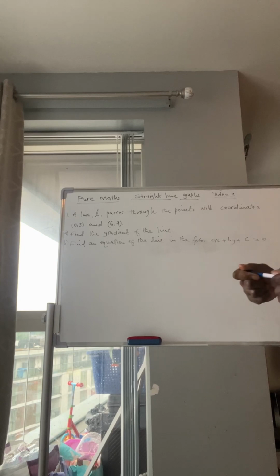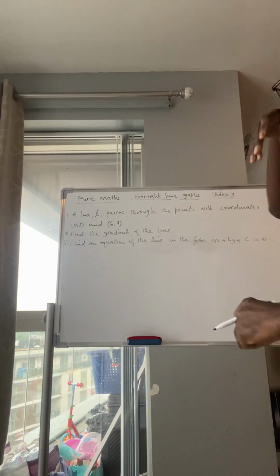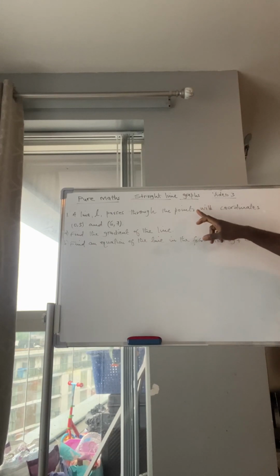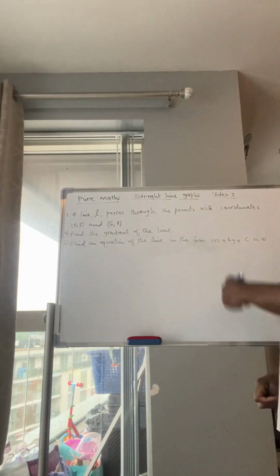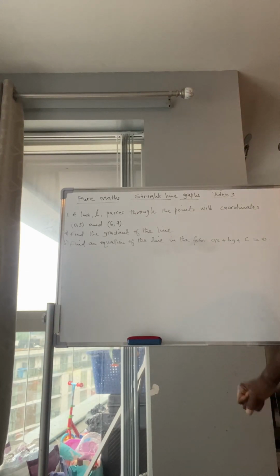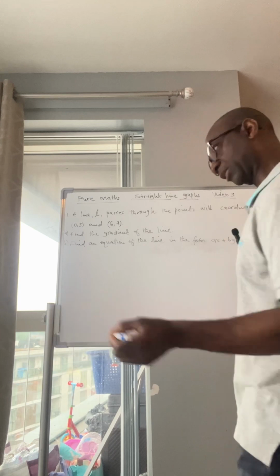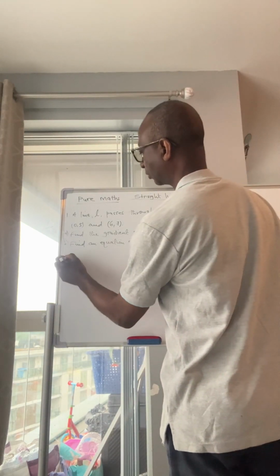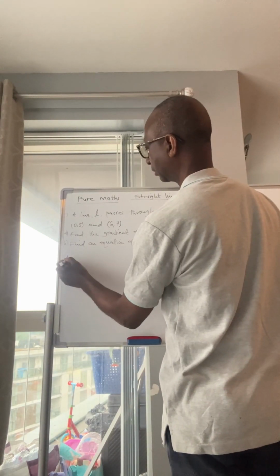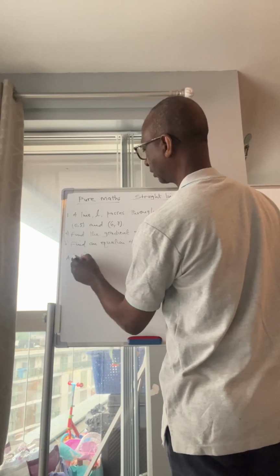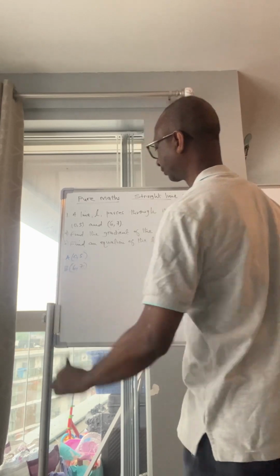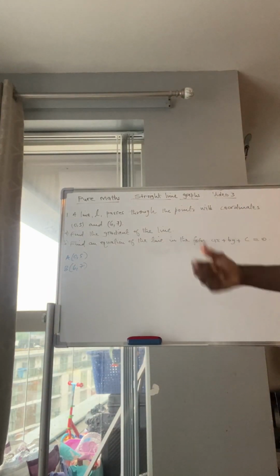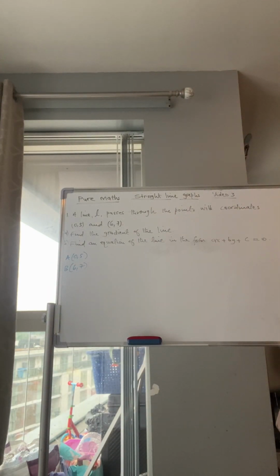So, let's see. We are told that this line passes through the points with coordinates 0,5 and 6,7. So let us just label these coordinates. Let's say this is A, which is 0,5, and B, 6,7. We're asked to find the gradient of the line.